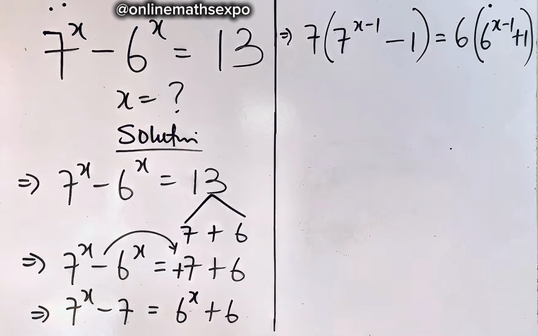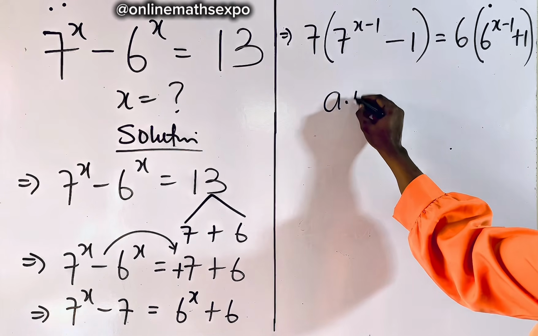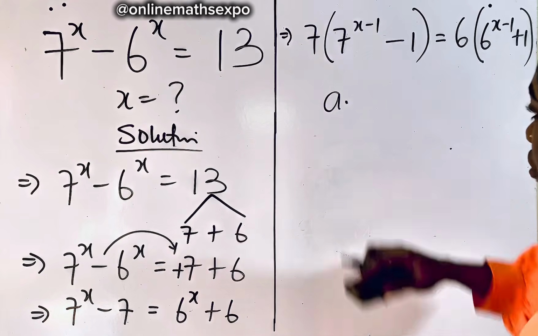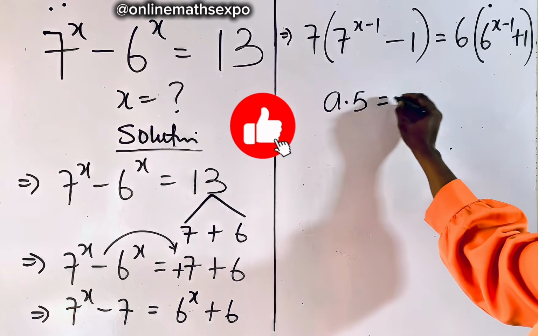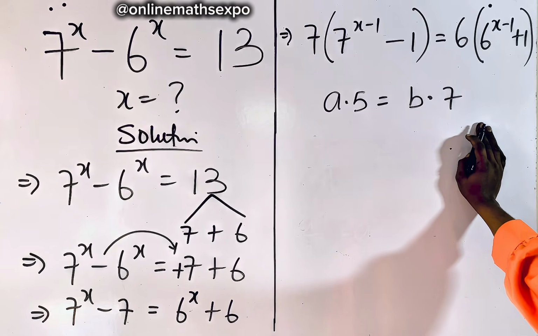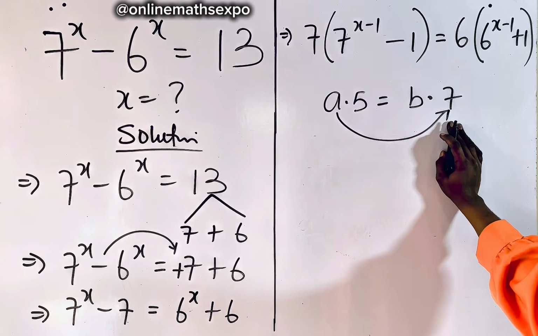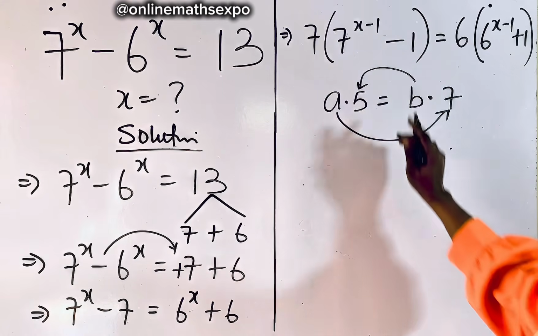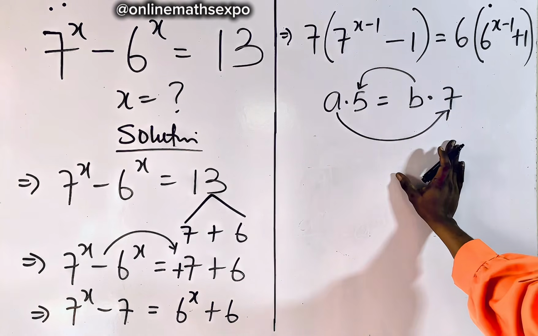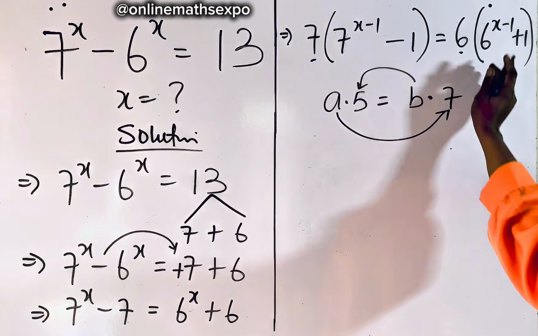So from here, we are going to remember that if we have a multiplied by 5 to be equal to b multiplied by 7, it simply means that a is equal to 7 and then b is equal to 5. So in this case, 7 cannot be equal to 6.